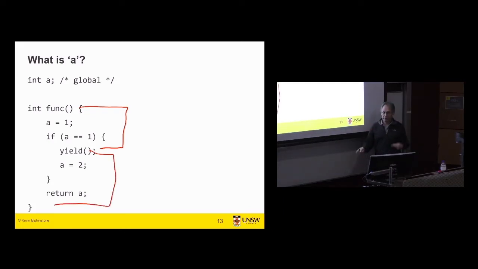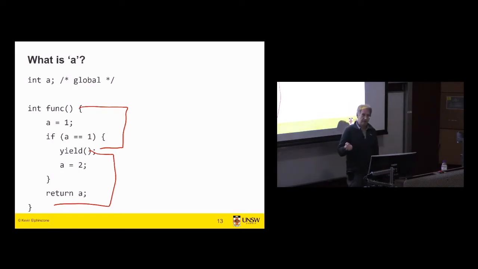So this is nice from a programming perspective for you to reason about what's going on. You can assume that the only time something can occur is inside a yield.